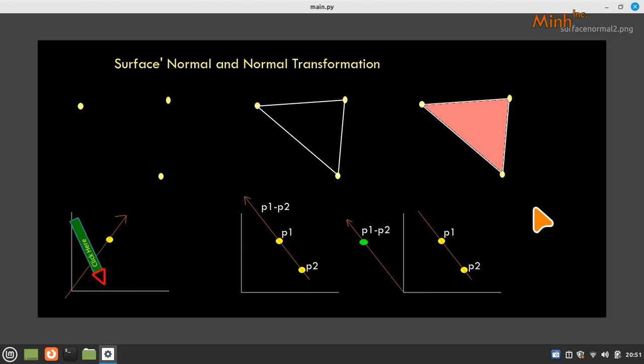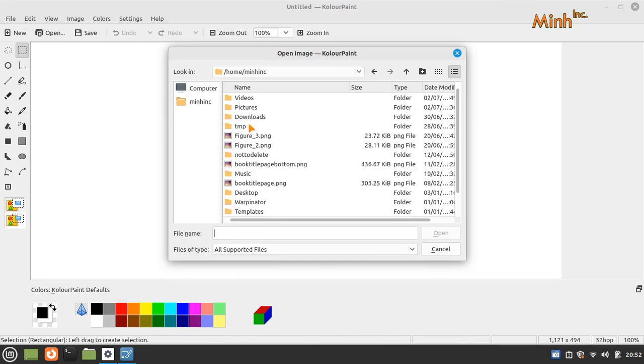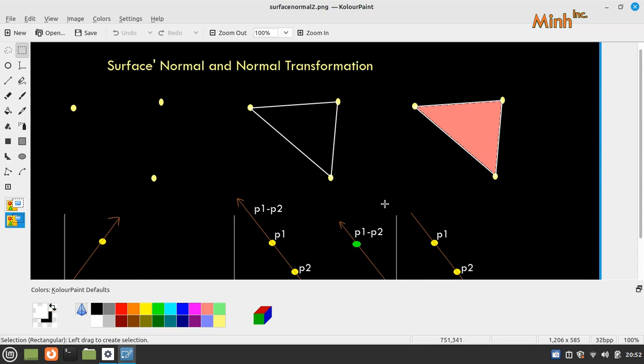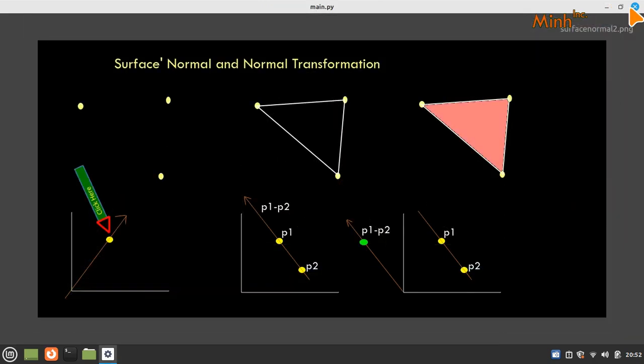That means if I draw a line from the origin to this point, this line is the vector.